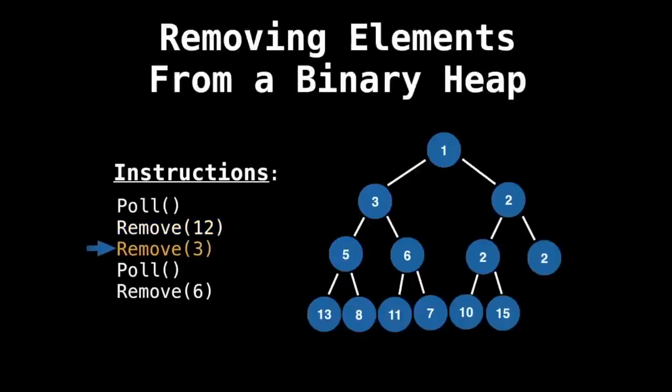Now we want to remove 3. Same thing as last time, search for 3 in the tree. 3 wasn't far, it was just 2 nodes away. So now, to remove an element, again, swap it with the last node in the tree, drop it.